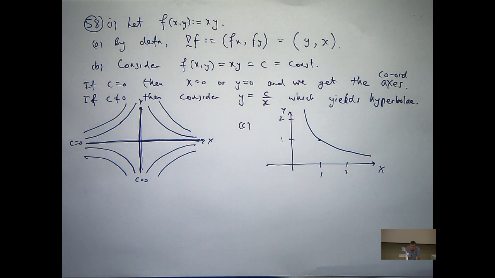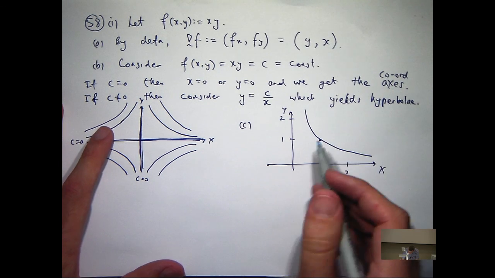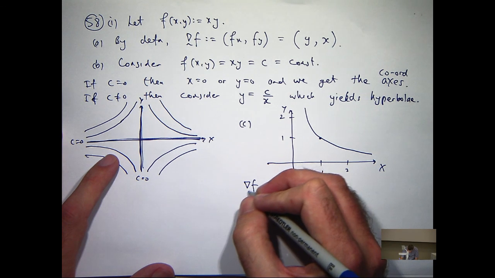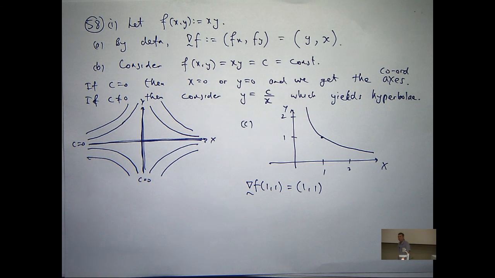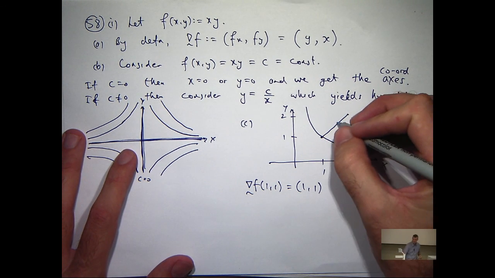What's the relationship between the gradient, or grad f, and the level curves? Who can tell me the geometrical relationship? Right, they're normal. So if I just consider, say, the point (1, 1), this gradient vector is going to be the vector (1, 1). If I draw it in, it'll go from here to here.